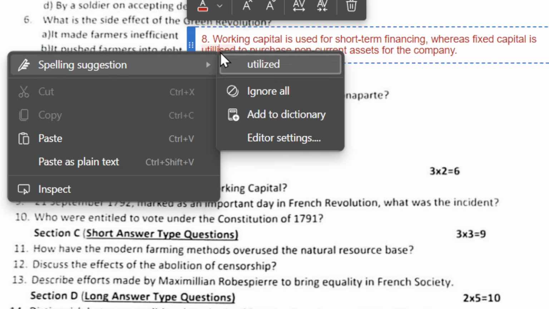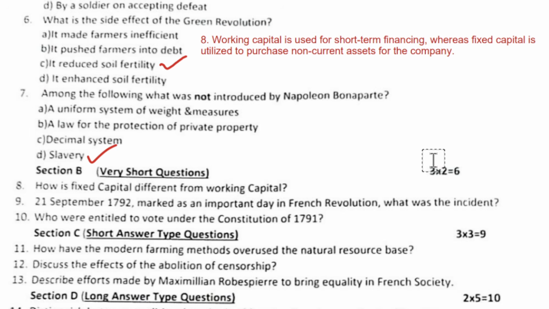Okay, so this is less than 40 words, you can use it out. Okay, next.